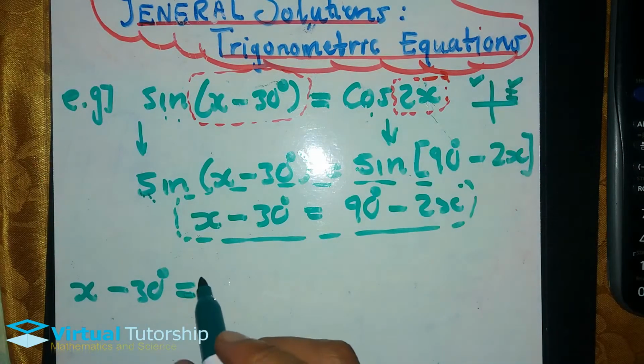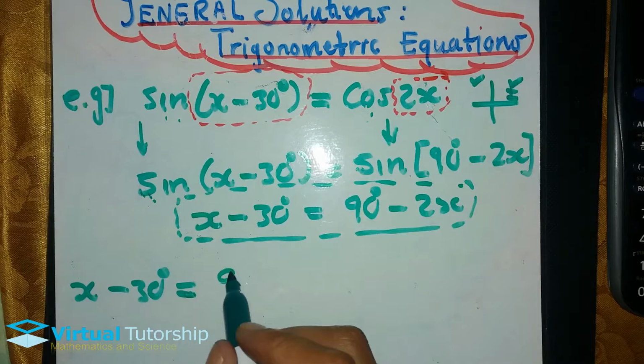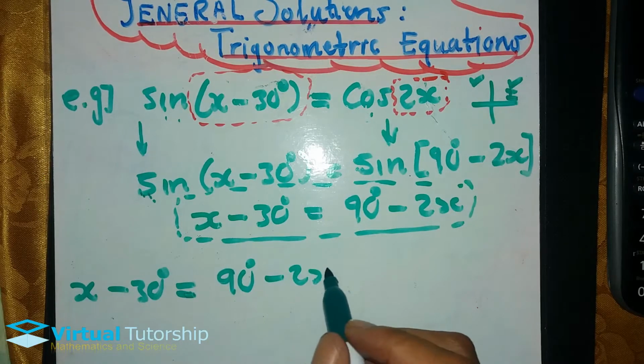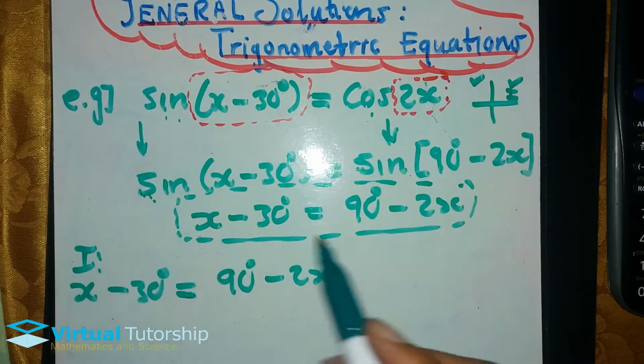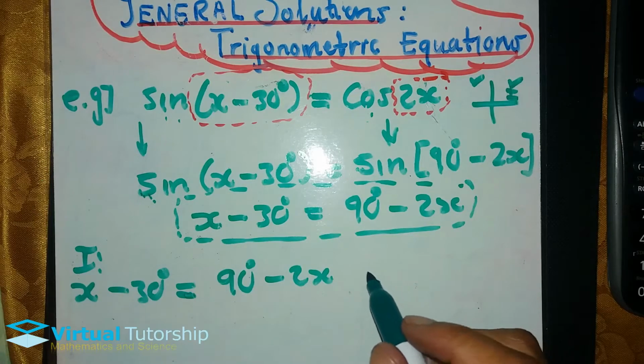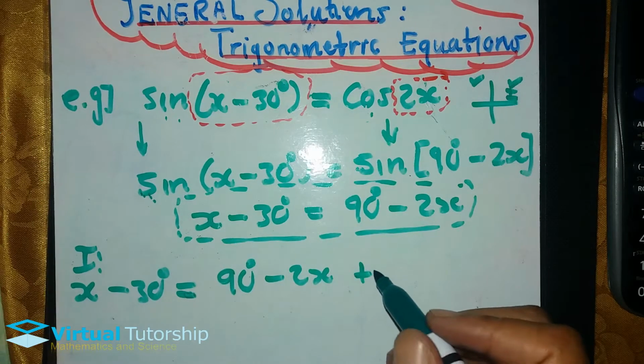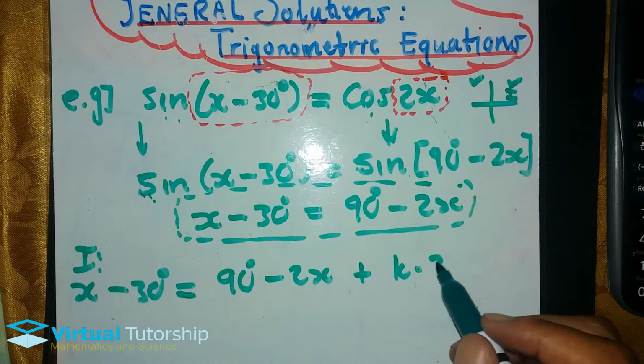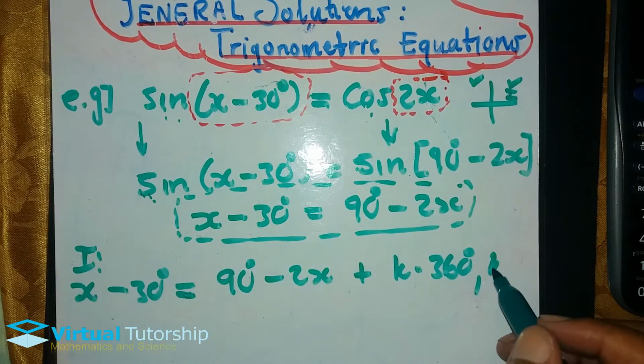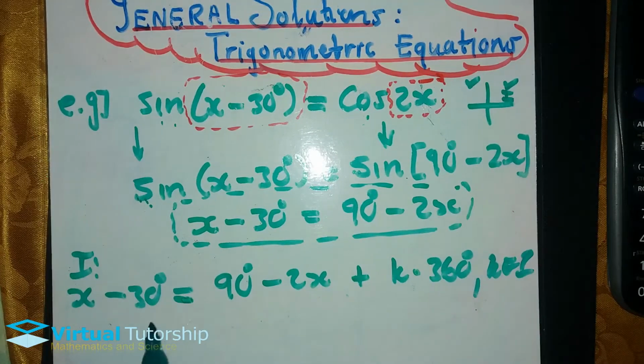So we'll have 90 degrees minus 2x. So in the first quadrant my solution will be 90 degrees minus 2x plus k times 360 degrees, k an element of integers.